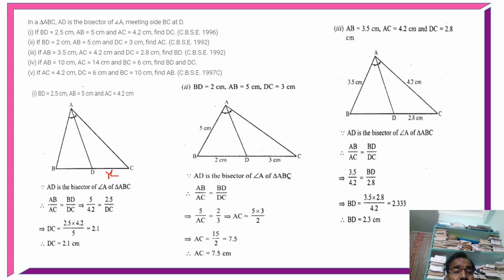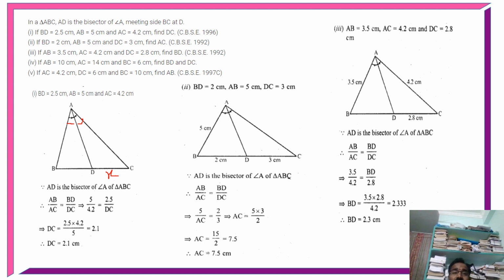There is a theorem: if any line segment bisects the vertex angle of a triangle, then it divides the opposite side in the ratio of the other two sides. I mean, if AD is the bisector of angle A, according to this figure, AB by AC equals BD by DC. This is also called the angle bisector theorem.